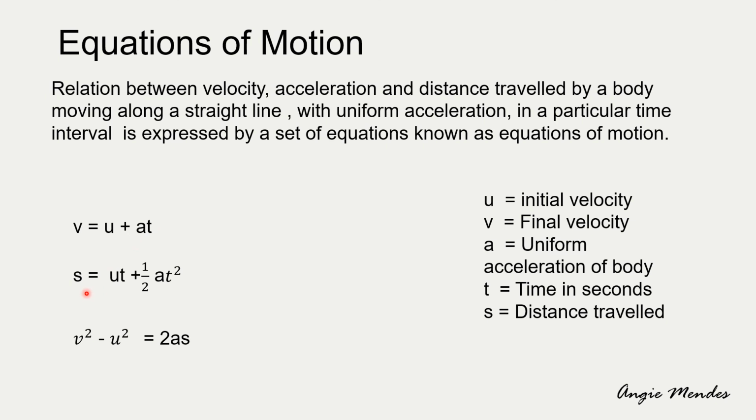To find the distance, when we know the initial velocity, time, and acceleration, then we use this expression S is equal to ut plus half at square. Next is the relationship between the final velocity, initial velocity, acceleration, and the distance traveled by the object.